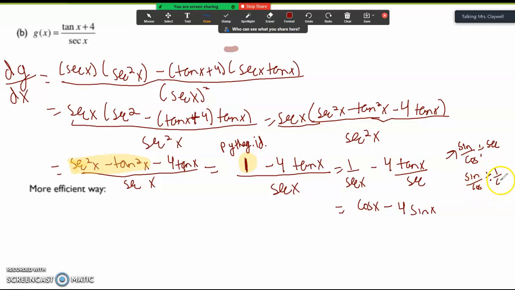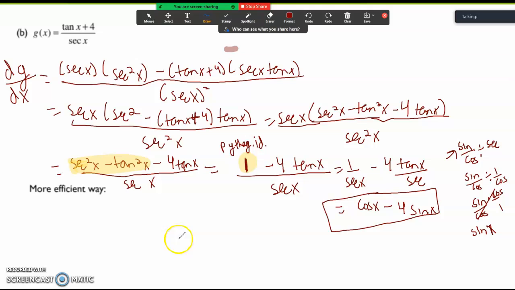That's the same as 1 over cosine. And remember, dividing is the same as multiplying by the reciprocal. So this just gives me a sine x. So this is my final answer.